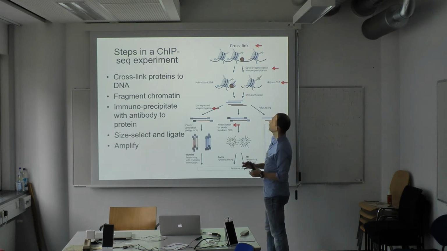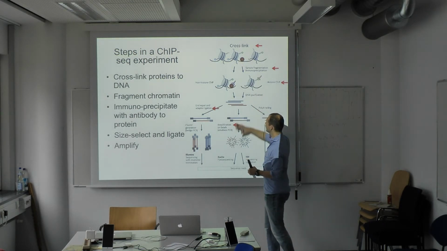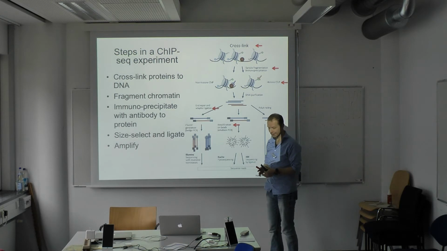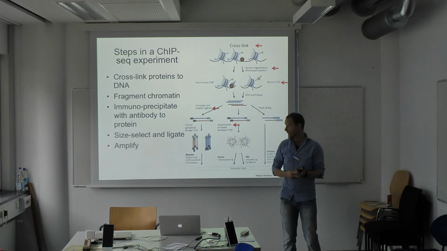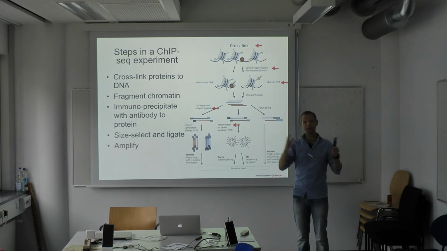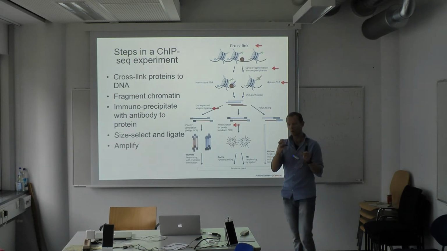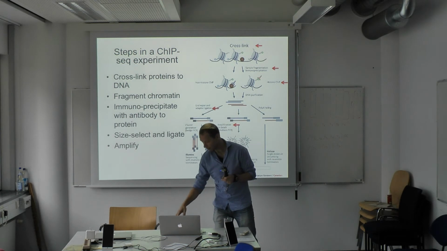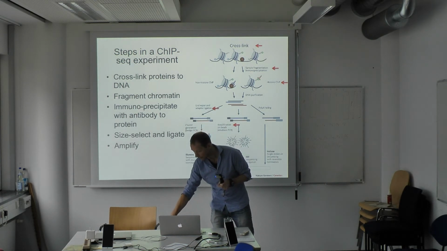This so-called ChIP-seq experimental technology is based on a series of different steps. But what it gives us in the end is positions on the genome sequence where we see an enrichment, where it's likely that our protein of interest binds to DNA.